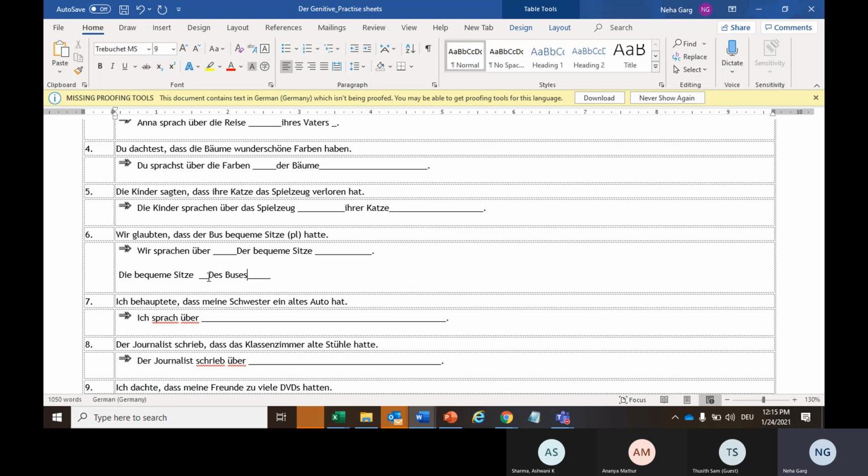Des Buses. So anything which is ending with S, I will add extra ES. So die bequemen Sitze des Buses, the comfortable seats of the bus. Clear? What is the difference between this one and this one?